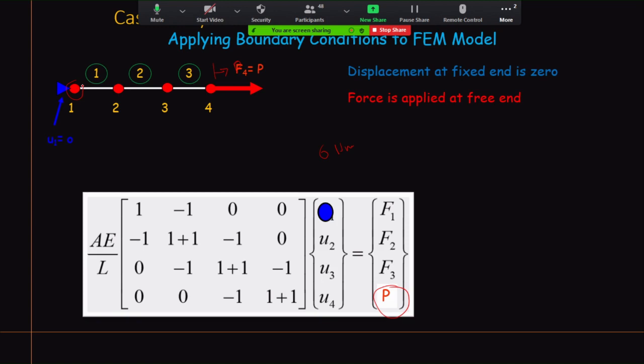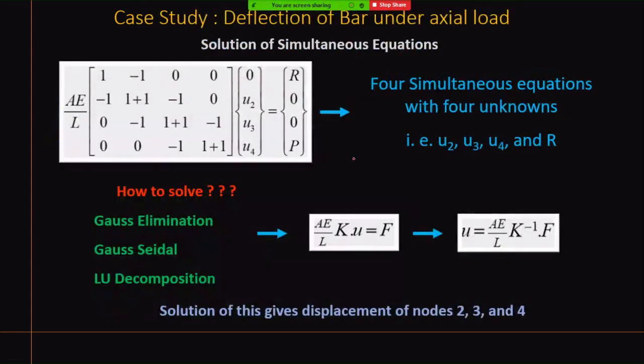Now there are plenty of techniques available to solve such problems. So 4 unknowns, 4 equations. Maybe you can go for Gauss elimination, maybe Gauss-Seidel, singular value decomposition kind of things, and you can get the deformations u2, u3, u4 quite easily. This is the entire way the FEA part works, and the same technique is used in any of the CAD FEA solvers.